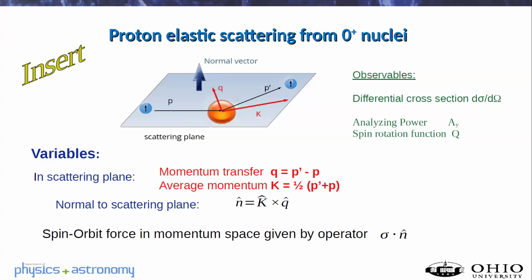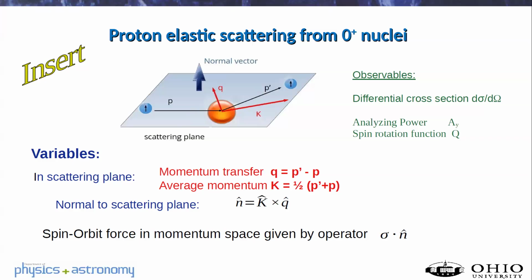The spin rotation function comes from polarizing the beam along the momentum p and doing a scattering. The spin changes if you have a spin-dependent interaction. So in the outcome, it will not be naturally aligned with the momentum p prime anymore, and that's why it's rotated away from that. That's where the term rotation function comes from.